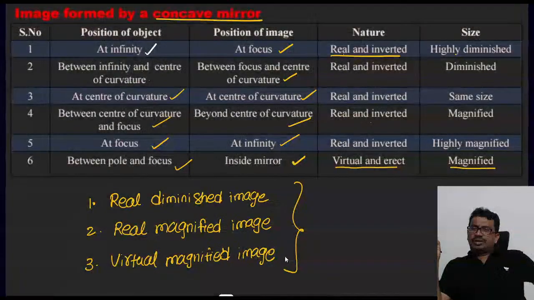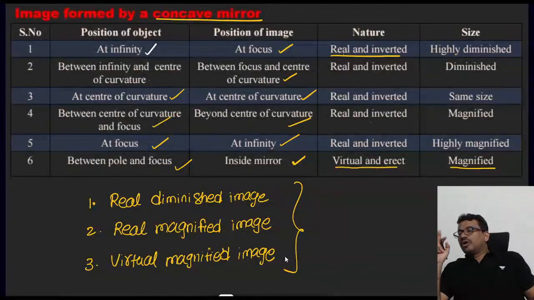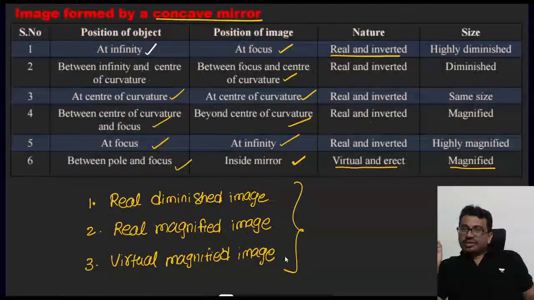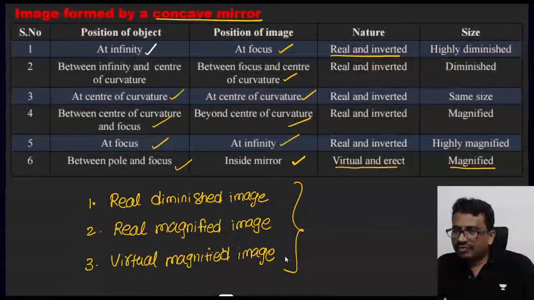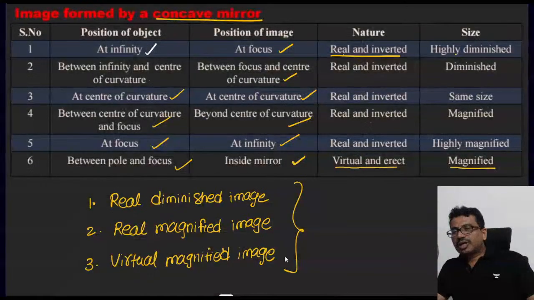Real diminished, real magnified, virtual magnified. We should have other categories. What will it be? Virtual diminished image. But the concave mirror cannot form the virtual diminished image.